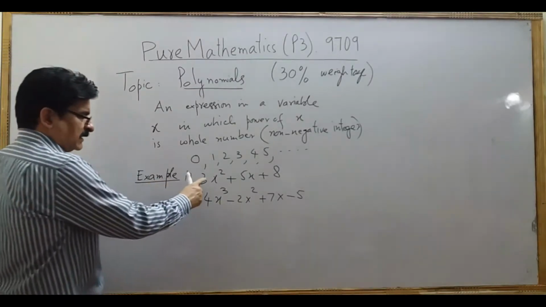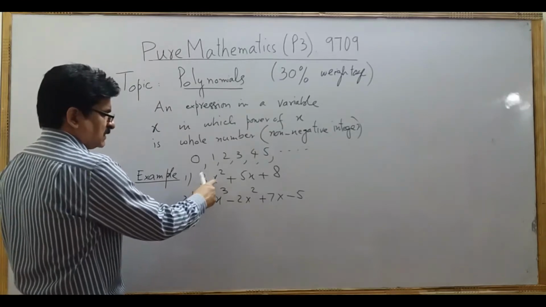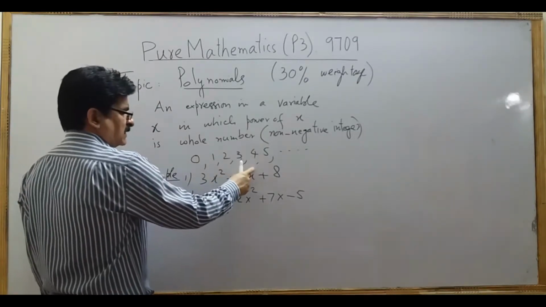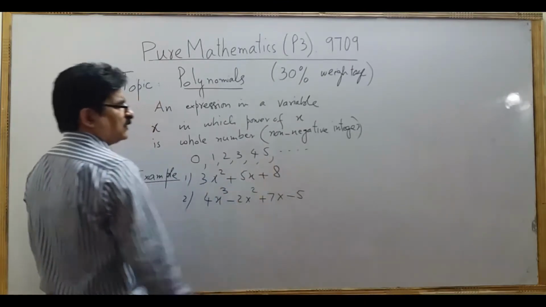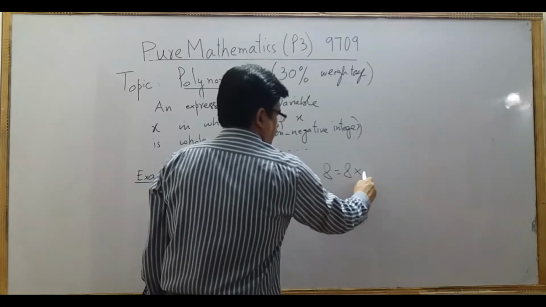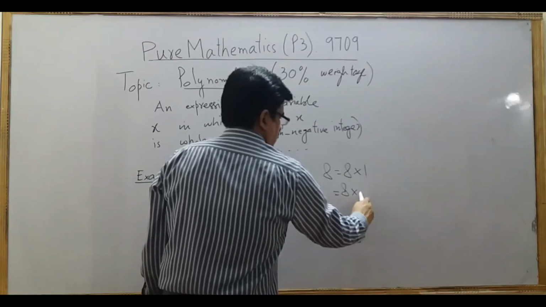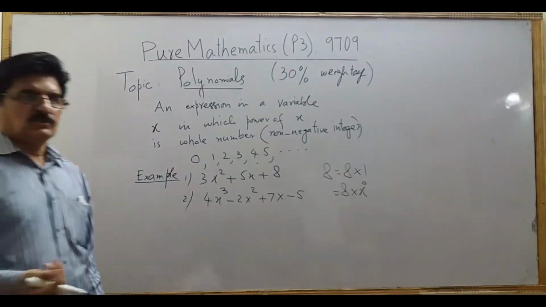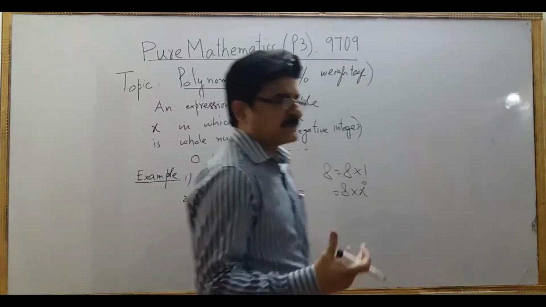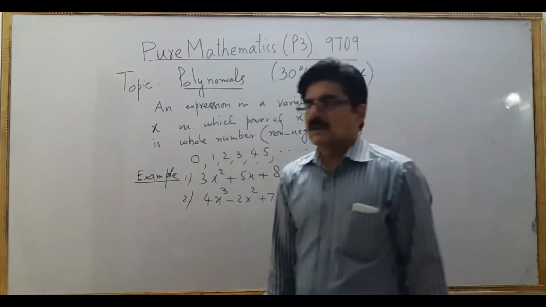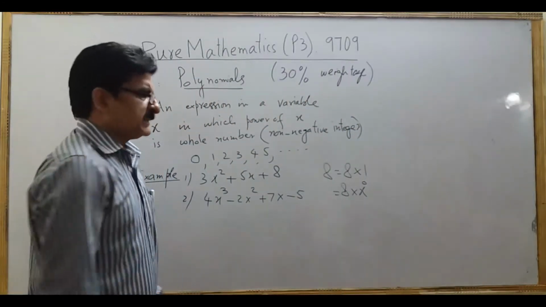Now see that the power of x is a whole number. Here it is 2, here it is 1. Here we can say that it is 0 because I can write 8 as 8 into 1. So you can assume that in a constant term the power of x is 0 because it is 1, so we generally don't write it.